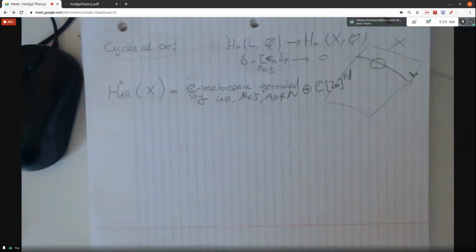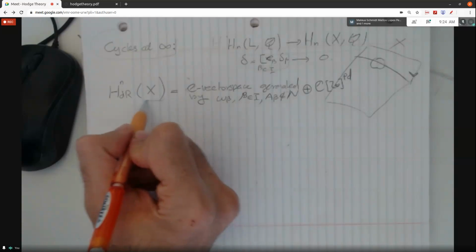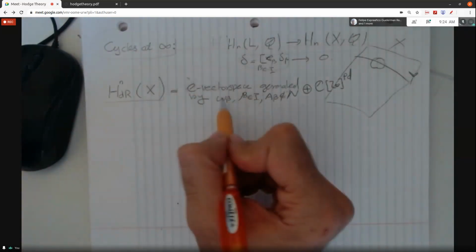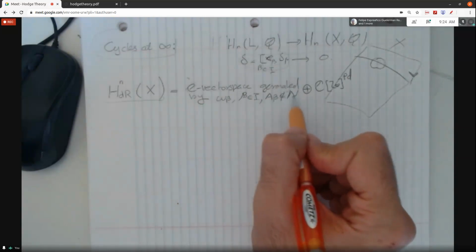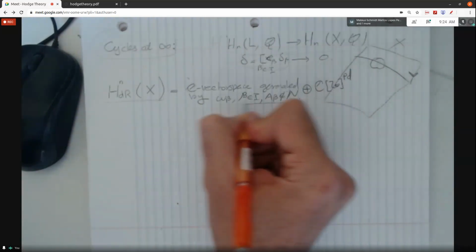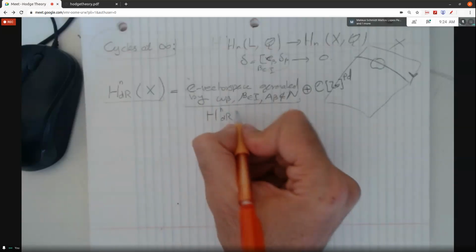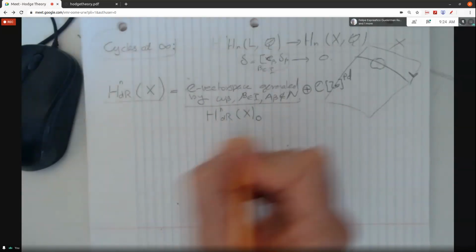Anyway, in the de Rham cohomology side also, we have this decomposition. So first we have this. This is actually this H de Rham X primitive again.